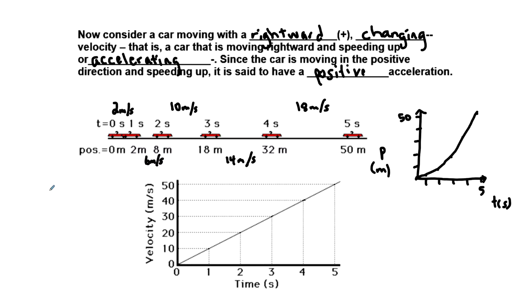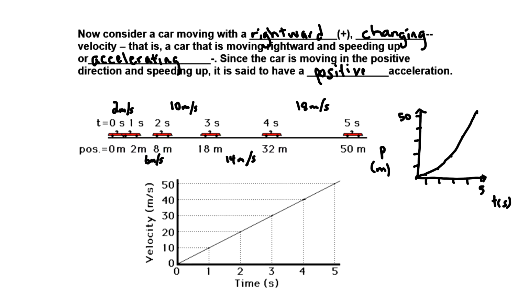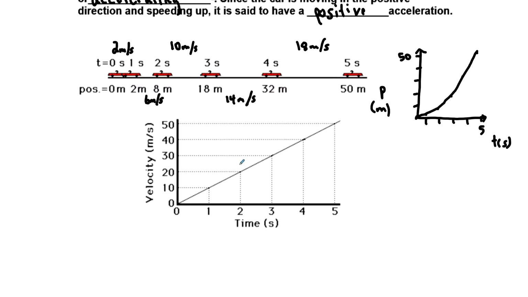Now the velocity time graph is shown below, but the type of slope is correct, but it doesn't match up properly with the numbers. So let's just redo it. Okay, so we said in the first second, it's going at 2 meters per second. So I'm going to put a 2 there, around there. In the second, it's going at 6.